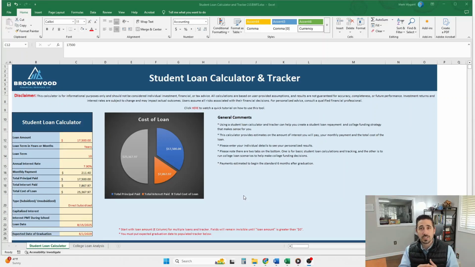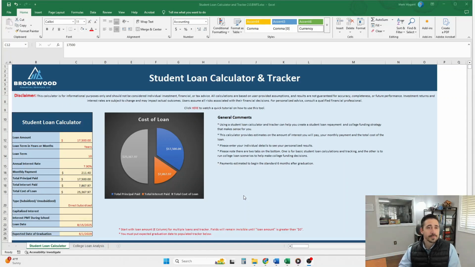Maybe you're one of those high school students that's about ready to graduate, and you're out getting your own student loans and you just want to see what this is going to look like for you. Or you have been going to college for quite some time, you already have a handful of student loans, you're probably going to take out some more, and you want a good place to see what that impact is, to track what your projection is for what you're going to start owing and making payments on when you graduate, all in one nice easy place. This template will do that for you.